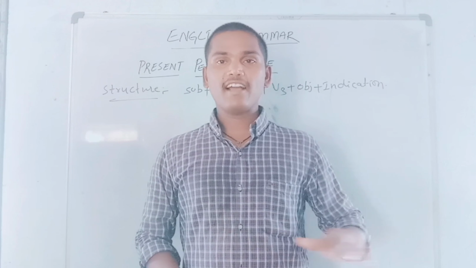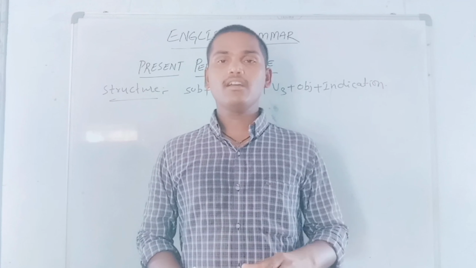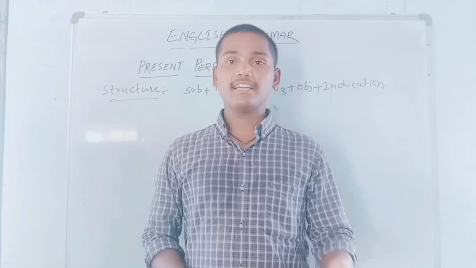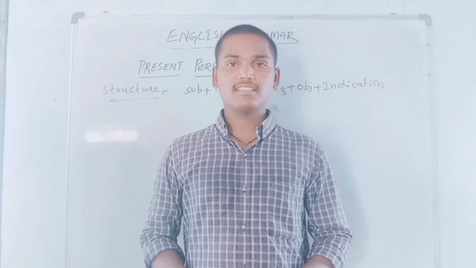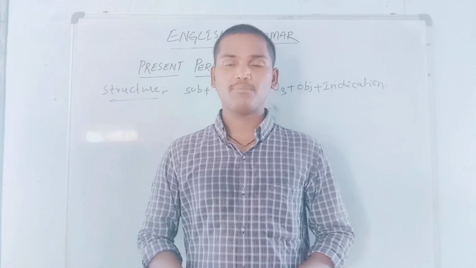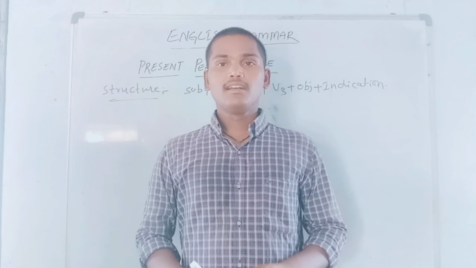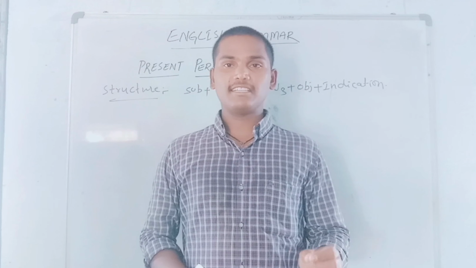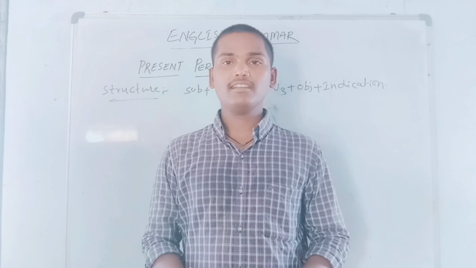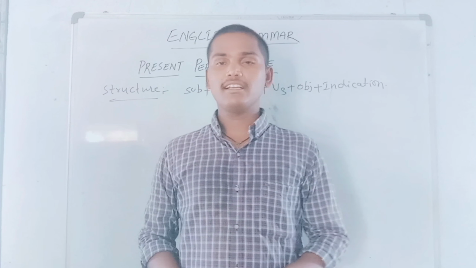So current actions we express in present continuous tense. That's why we call it by another name, real tense. We discussed why in the previous video: because when we talk about an action in the sentence, the action is going on. Because of that, we call present continuous a real tense.